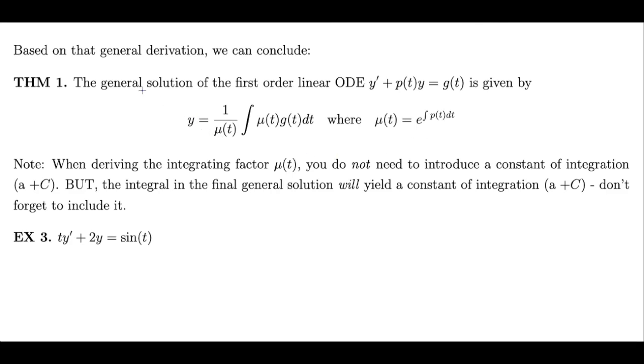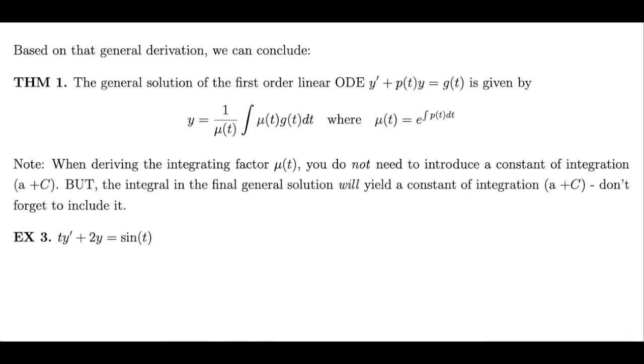It says that if you've got a first order linear ODE, y prime plus p of t y equals g of t, then the general solution is given by that formula that we just derived. And then the question is how do we choose that mu of t such that that procedure works out? And as we saw above, that mu of t is given by this expression here. So this theorem provides a concise, direct way to solve any first-order linear ordinary differential equation.